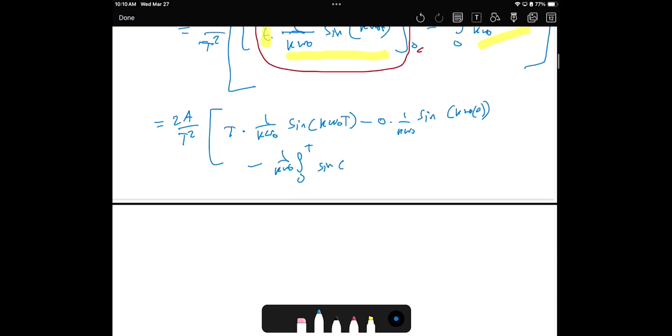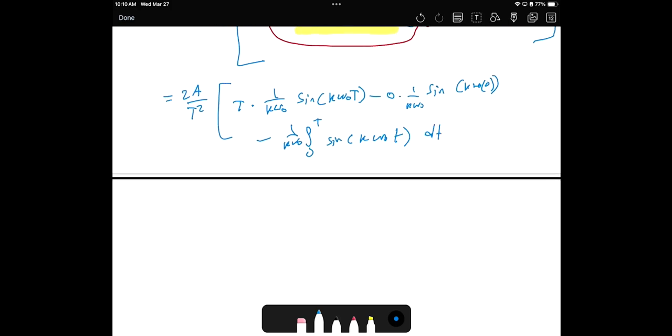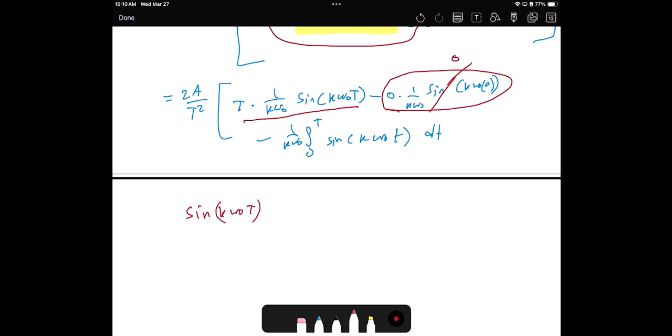Now let's do some analysis. Basically, the first part here, 0 times anything, 0. Then here, sine k omega naught T. Let's think about it. What we know about omega naught is that omega naught equals 2 pi over T. So it will be sine of k 2 pi over T times T. T and T cancel each other, remaining sine k times 2 pi.